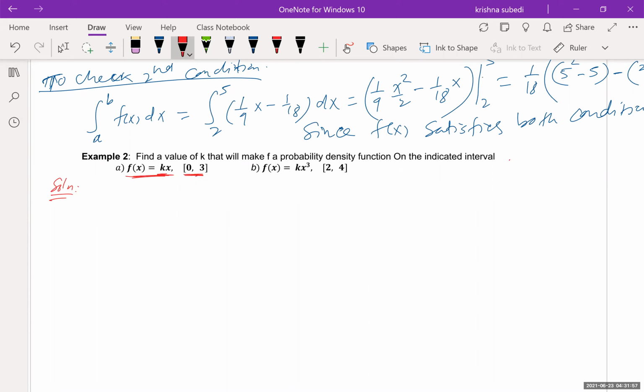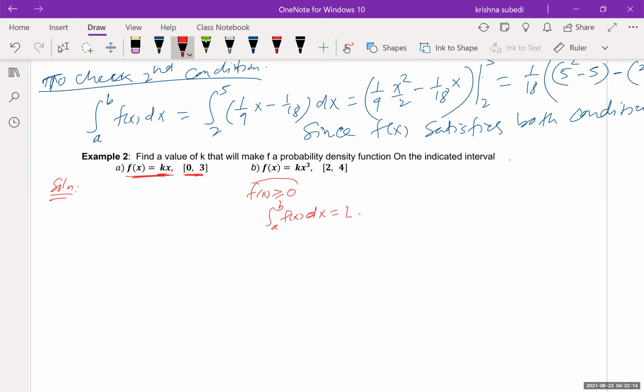Remember, we have two conditions. One condition is the function must be non-negative. Another is the integration from a to b must be 1. The first is an inequality.